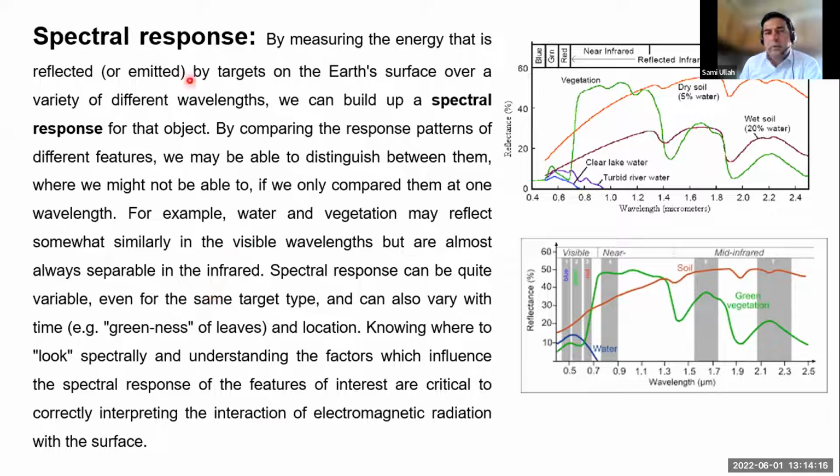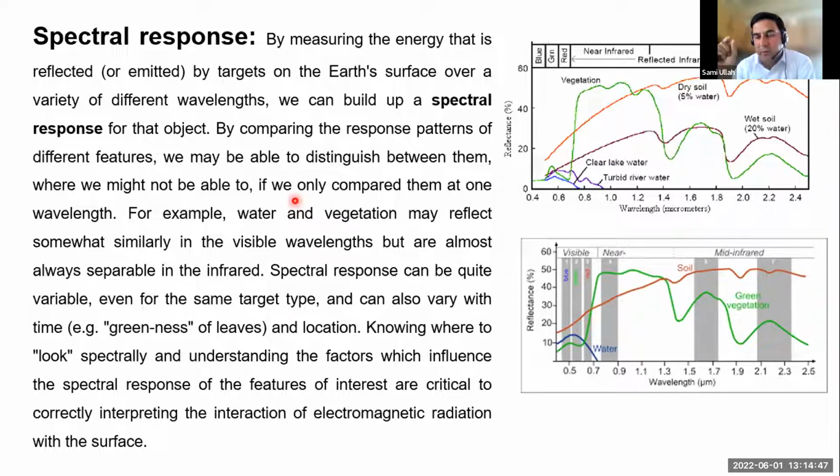So spectral response is very much important. By measuring the energy that is reflected or emitted by the target on the Earth's surface over a variety of different wavelengths, we can build up a spectral response for that object. By comparing the spectral response pattern of different features, we may be able to distinguish between them, where we might not be able to if we only compare them at one wavelength.